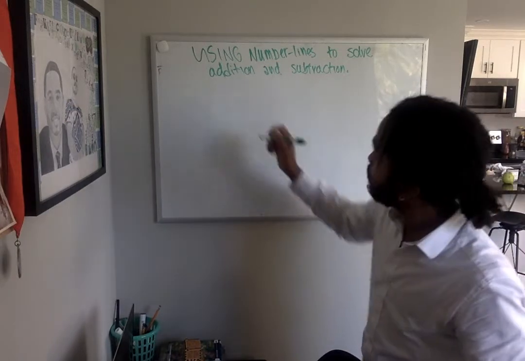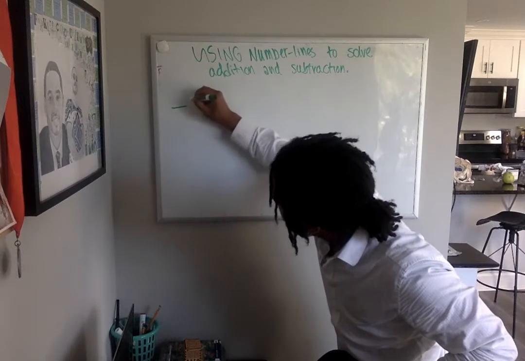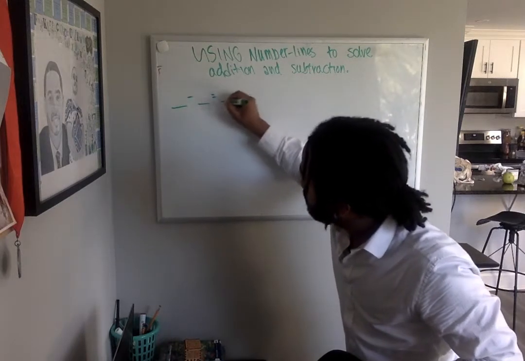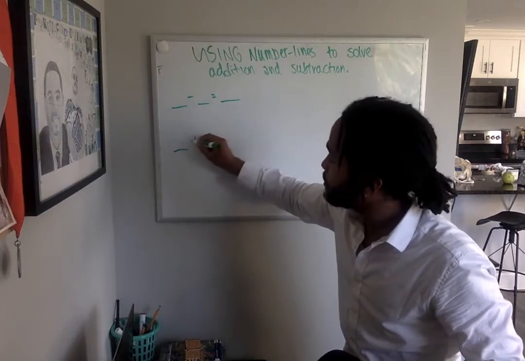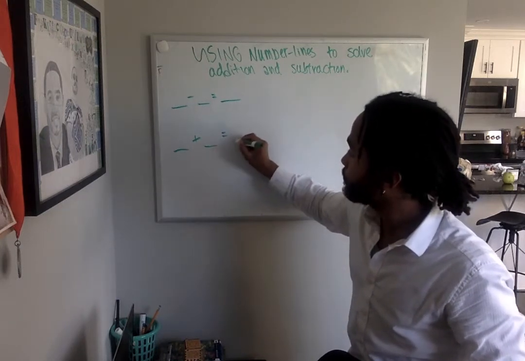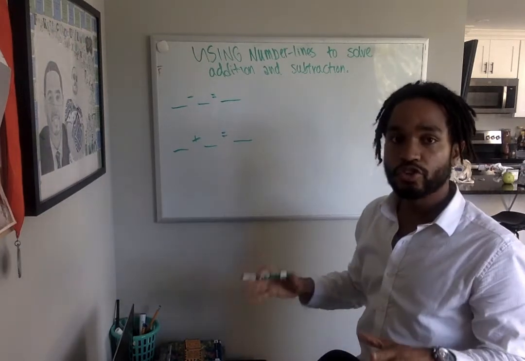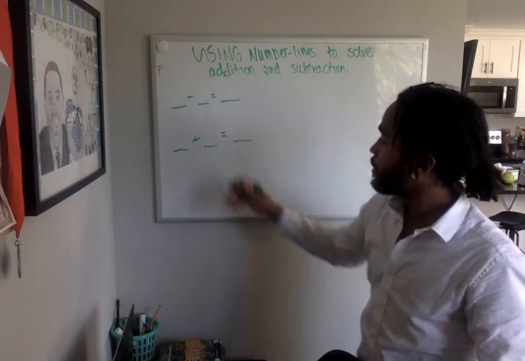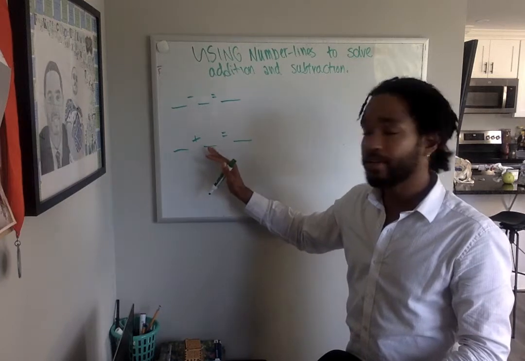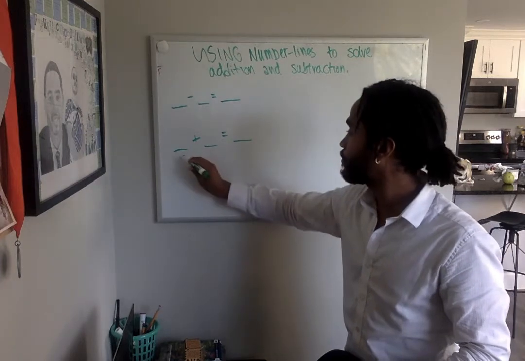Most times I have students, when they see a subtraction equation like that, just set up an addition equation as well. This will start to make sense once more of it starts to develop. With addition, we have a part, and we're getting a whole.